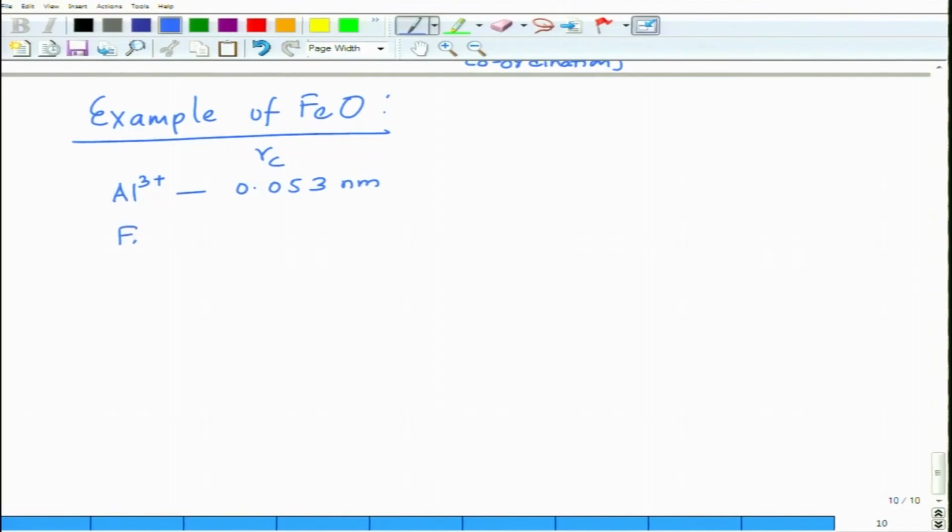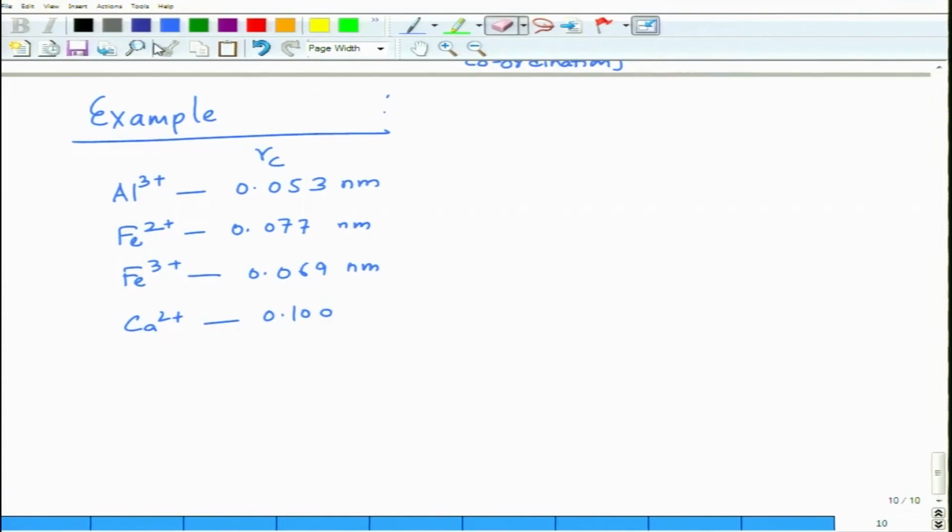Then Fe2+ has a radius of 0.077 nanometer, Fe3+ has a radius of 0.069 nanometer, Ca2+ has a radius of 0.100, and so on and so forth. Not just the FeO example, just a few examples.